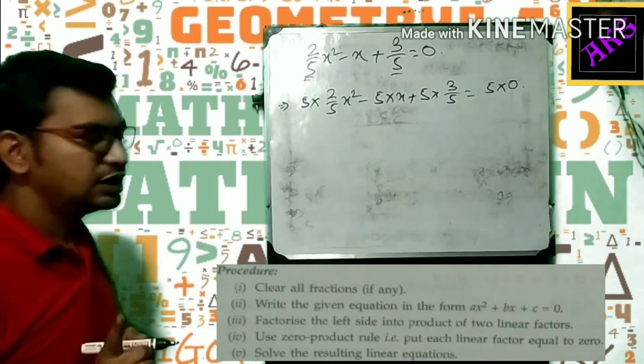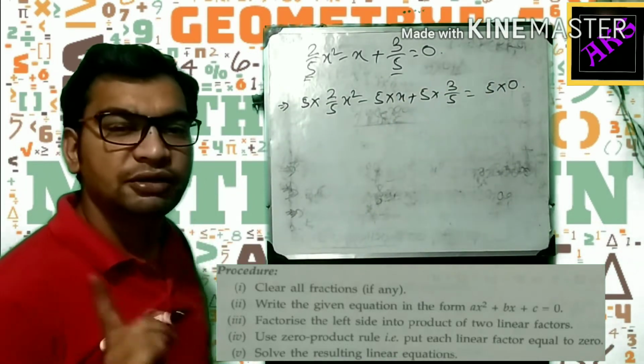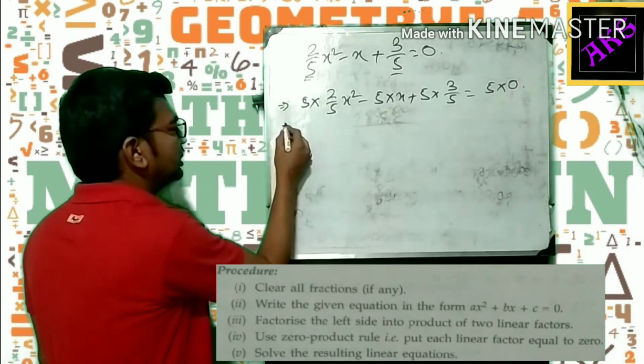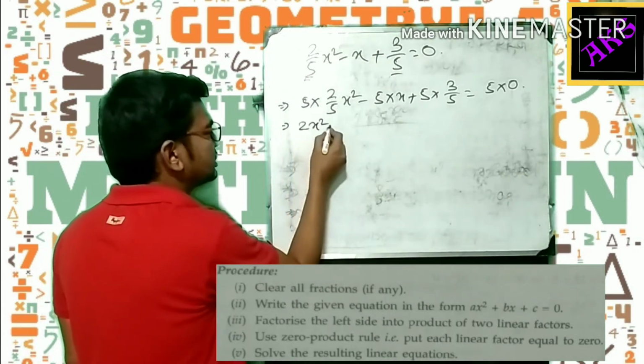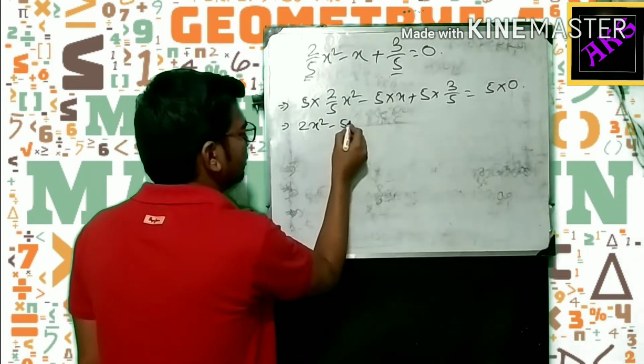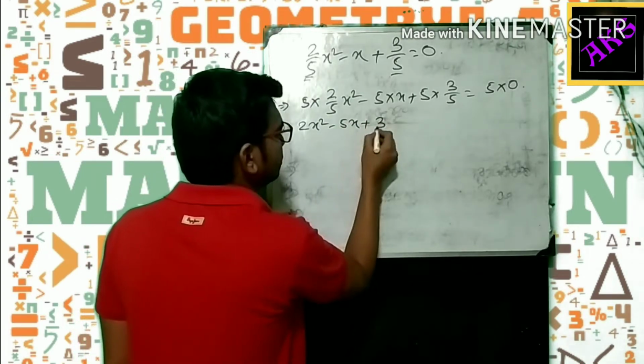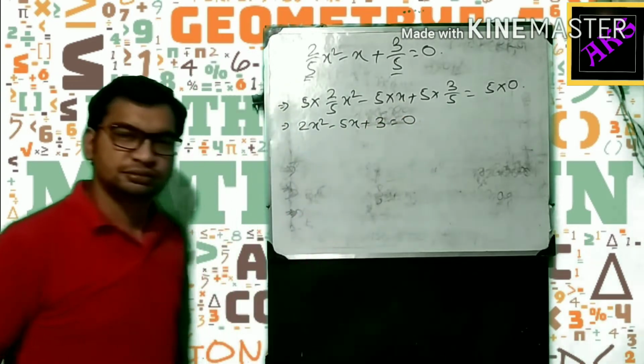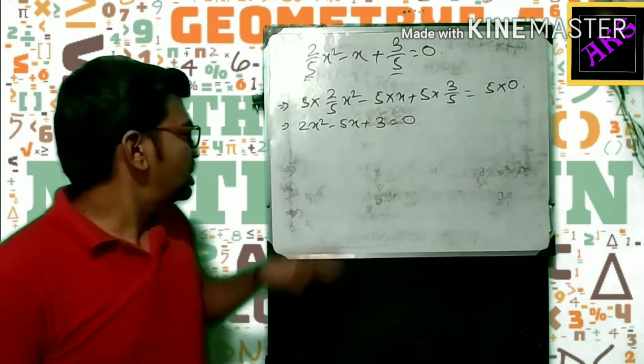Okay, so our step 1 is to remove the fractions. So here we are getting 2x square minus 5x plus 3 equal to 0.